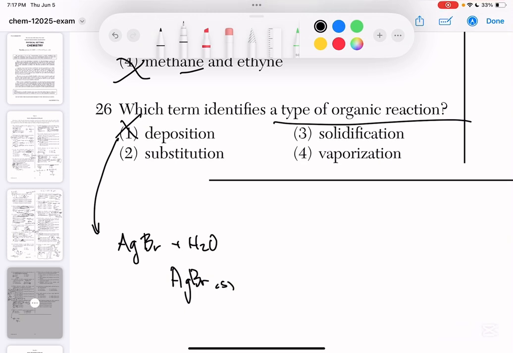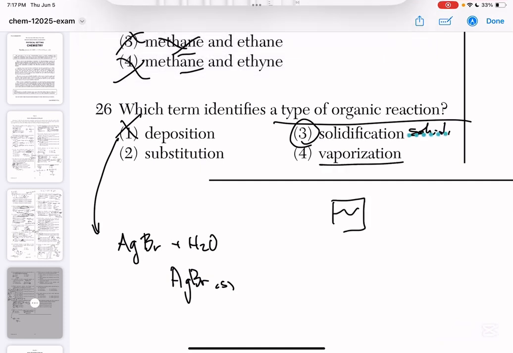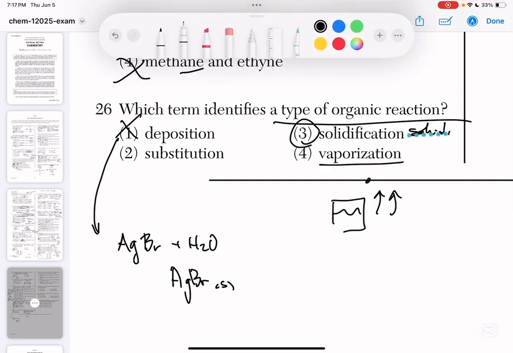So there's that. And then this one is when you have something turning into a solid. This one is when you have liquid going into gas. So this one would be the only one that makes sense.